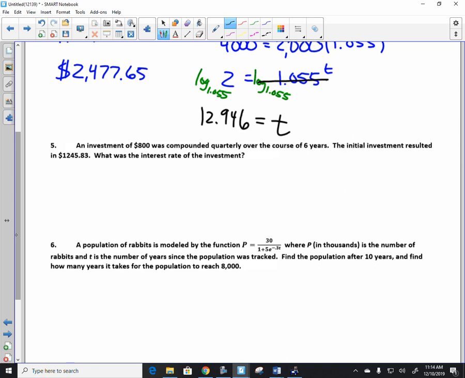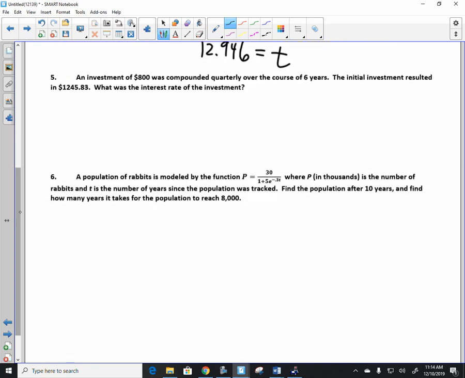Let's see if we can confuse you. An investment of $800 is compounded quarterly over 6 years. The initial investment resulted in $1,245.83. What was the interest rate of the investment? So this time we're trying to find the, oh boy. So I have the amount is equal to principal times 1 plus r over n raised to the nt power.